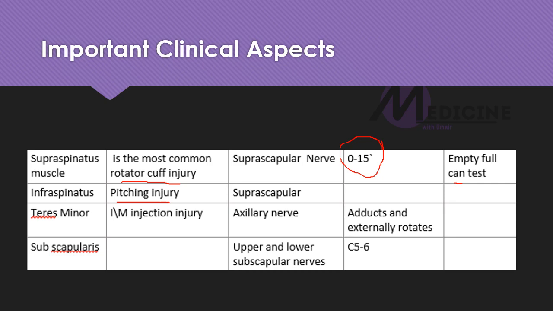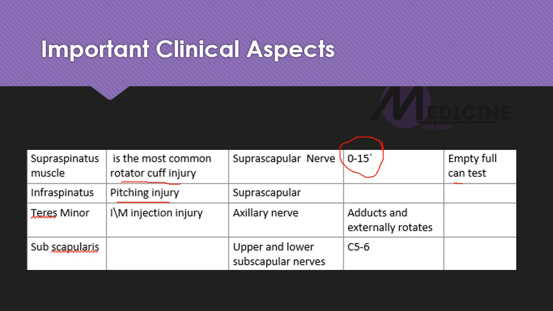So if this muscle is damaged, your initial movement of abduction is impaired. A person won't be able to abduct his arm if his supraspinatus muscle is injured. He needs some sort of support in order to execute that abduction.